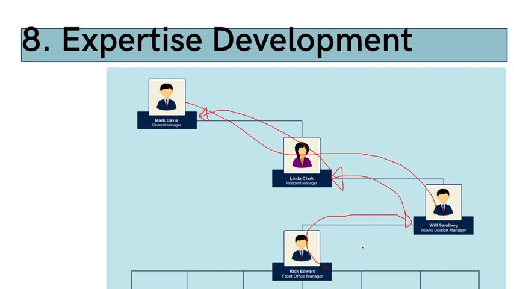If you develop your skills, knowledge, and attitudes, there's a big possibility that you will be promoted. For example, in this picture, from front office manager, later on you will become room divisions manager, then resident manager, and later on general manager. So you need to have this kind of goal or aim in your future.